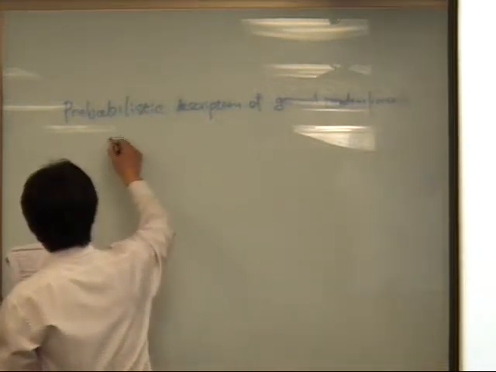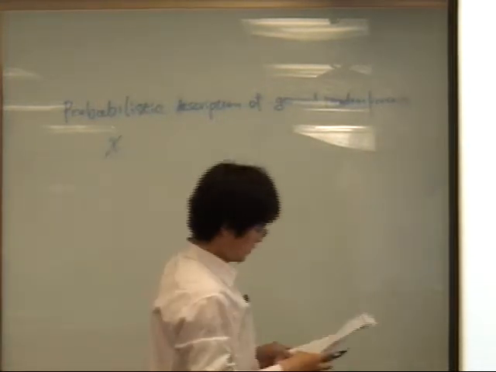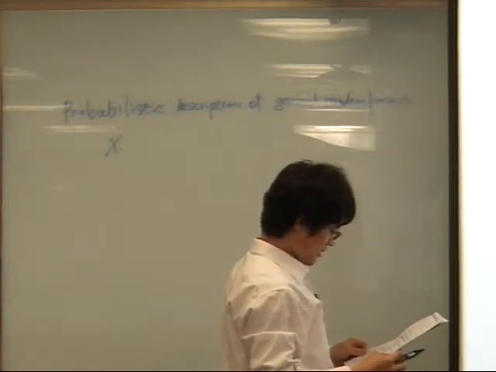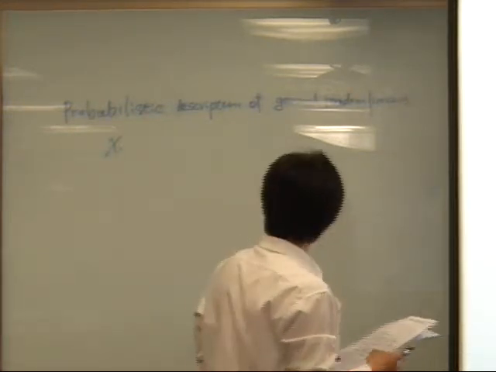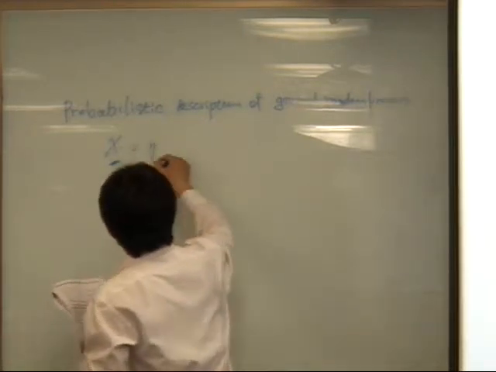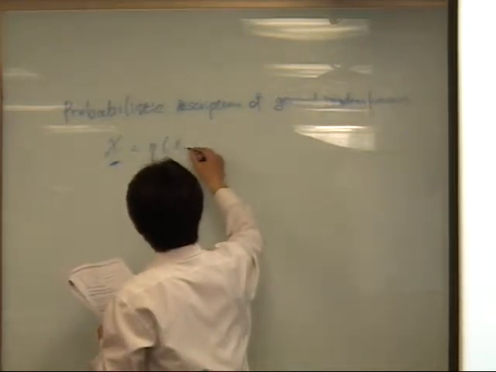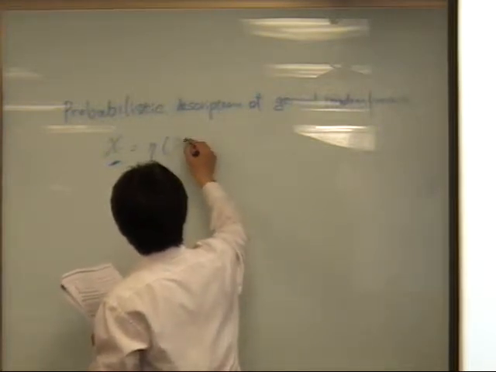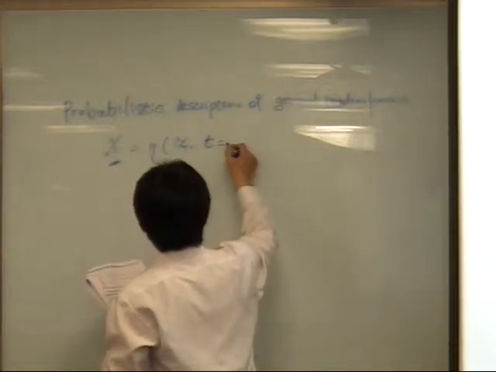Okay, if we define this thing, this is a random variable, equals to a surface elevation at a given location and at a given time.